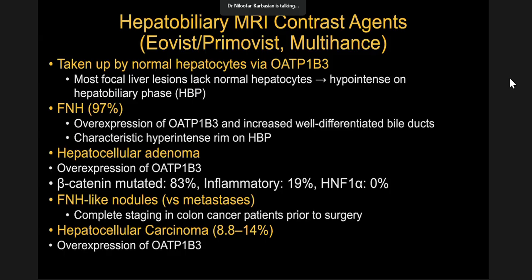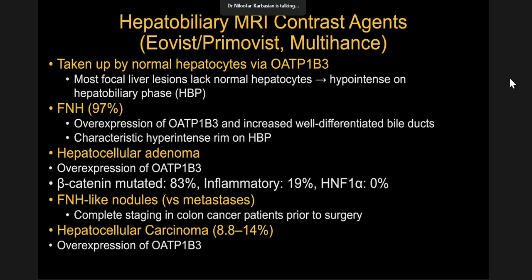Unfortunately, especially well-differentiated hepatocellular carcinoma in 8.8 to 14% of time can retain contrast with overexpression of OATP. Although in the LI-RADS criteria, when you have a lesion that retains contrast and all of a sudden loses it, it is a negative factor.